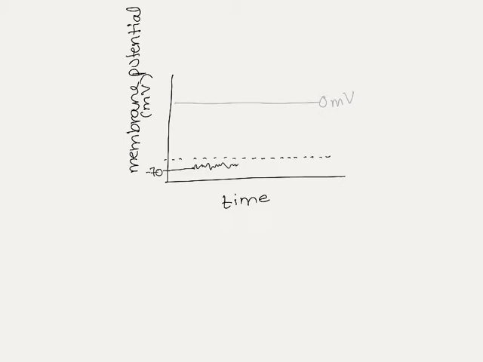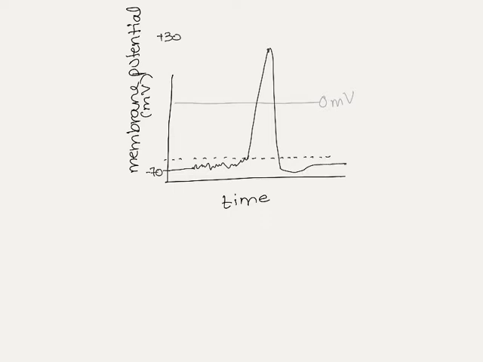But if all of a sudden we reach threshold, that's enough to rapidly depolarize. And we'll get all the way up to roughly positive 30 millivolts. Then there's a period of repolarization, not just down to negative 70, but past it. And then back up until we get to resting potential.